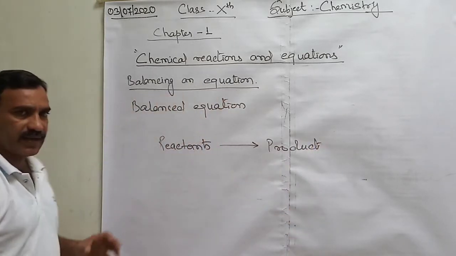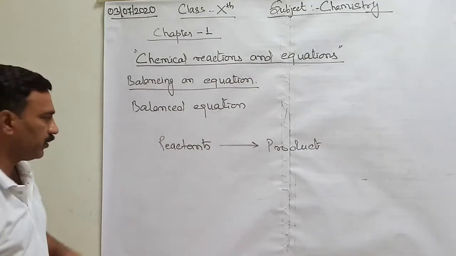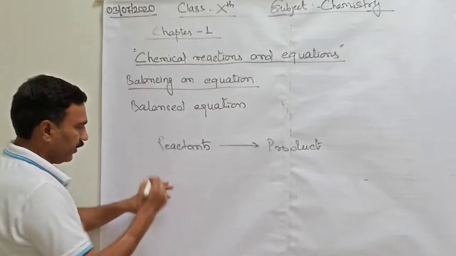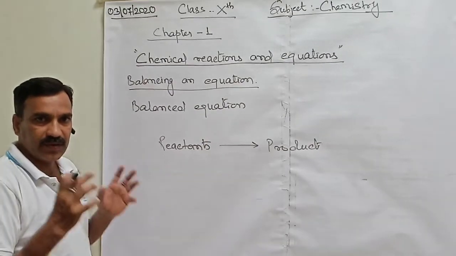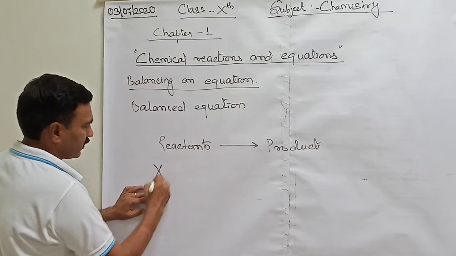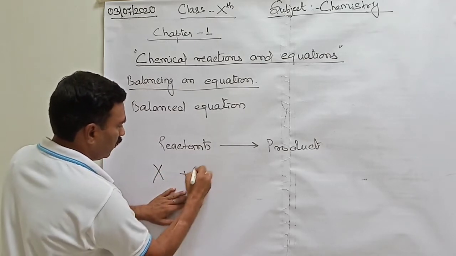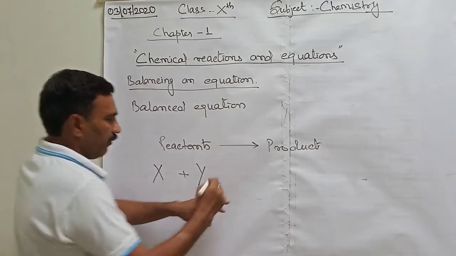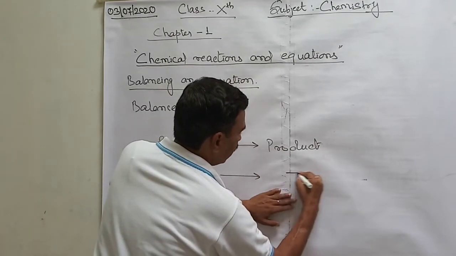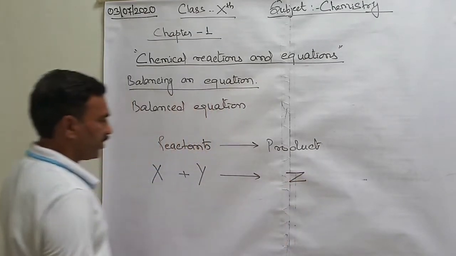Reactants are definitely more than one. So let me give you an example of X and Y. Later on, I will explain giving the actual example. Suppose there are two reactants, Mr. X and Mr. Y. When they combine, the substance formed is Z.